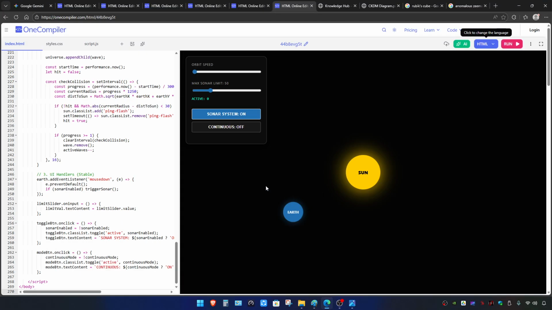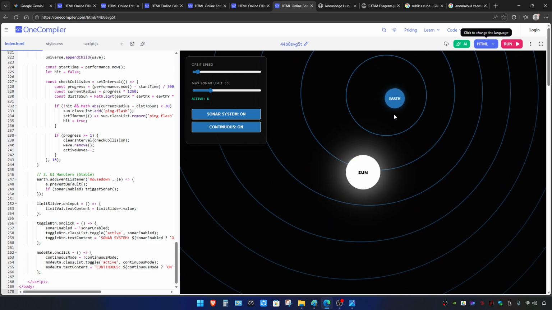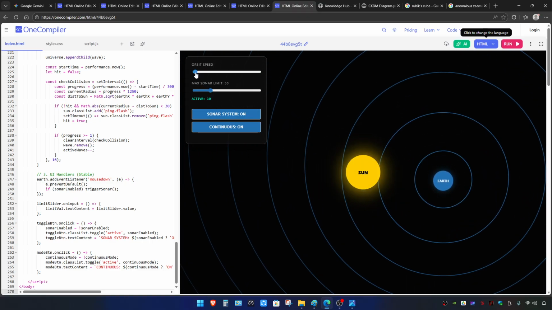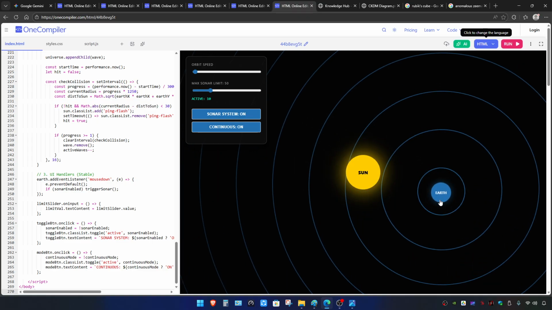In this case, what I did was create a sonar model. When I click on this, it will send a sonar. As I increase the speed and turn on continuous, it will send a continuous signal to the earth. If I lower the speed even more, this is the far better version.